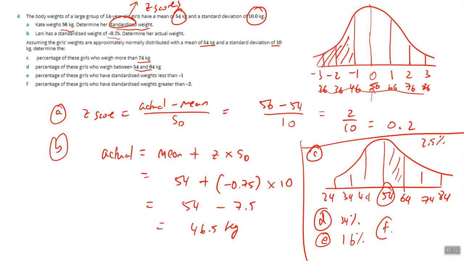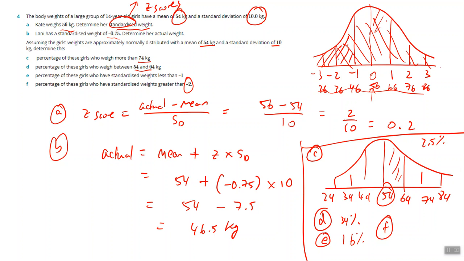And finally, F, the percentage of girls with greater than -2. Greater than -2 means, more than -2 means like here. Okay, so we add all these together.